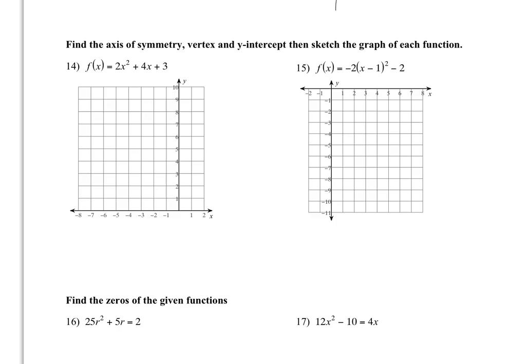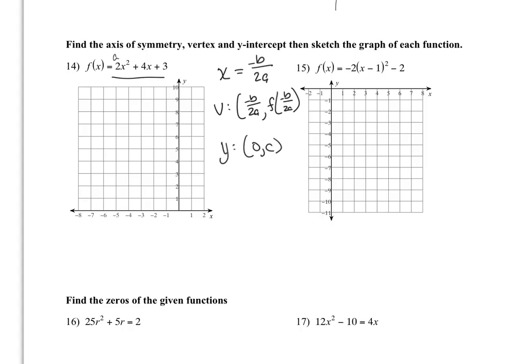And then a more specific function that we did was quadratics. When we're graphing these, remember in standard form, this is asking for the axis of symmetry, which is -b/2a. The vertex, which is just that -b/2a, and then plug it in. And then the y-intercept, which is (0, c).